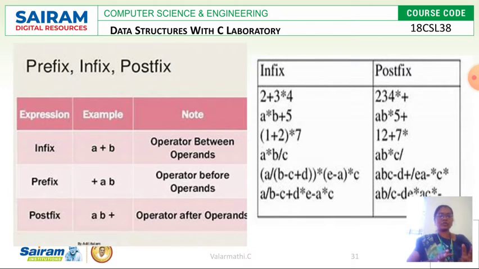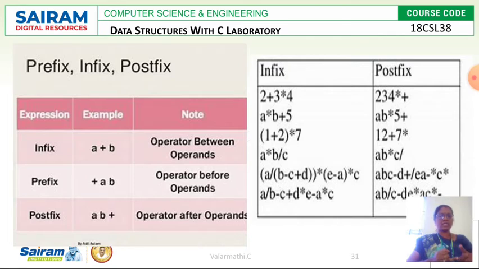I'm going to show you with two operands. The example shows two operands with one operator. It may be plus, minus, or whatever the arithmetic operator. If you take two operands with one operator, the infix operation has the format of first operand, then the operator, then the second operand.